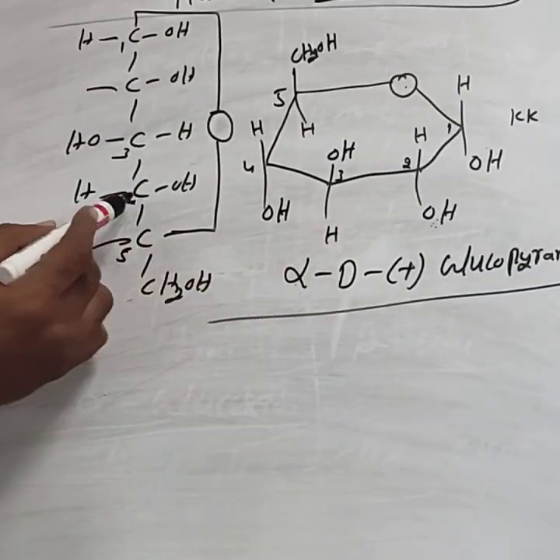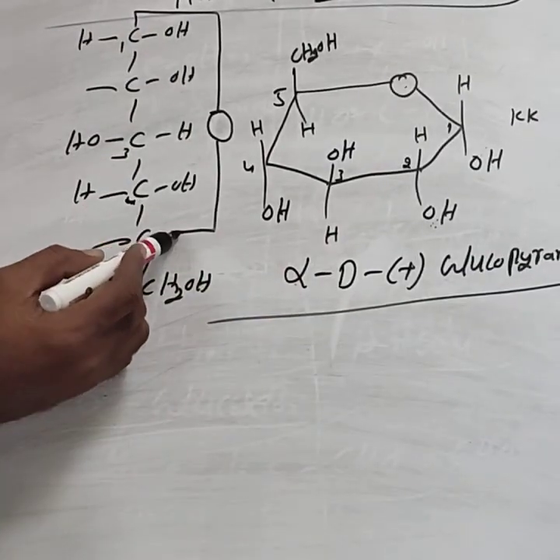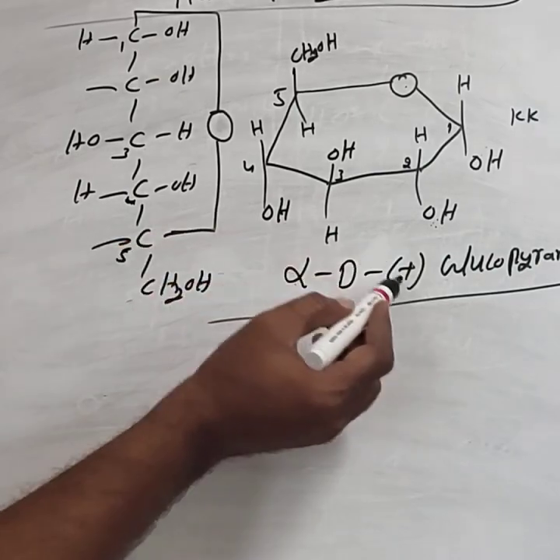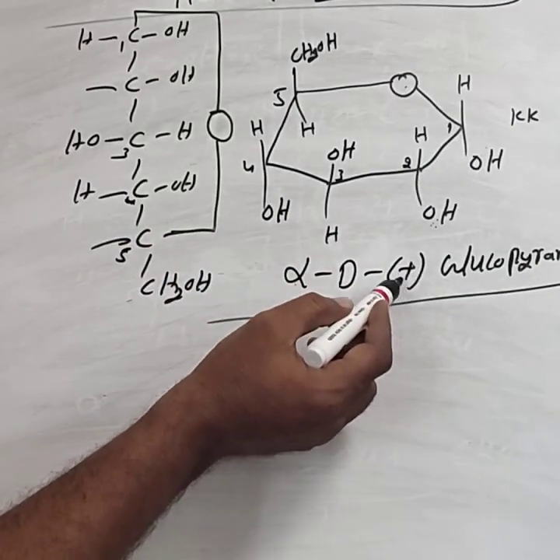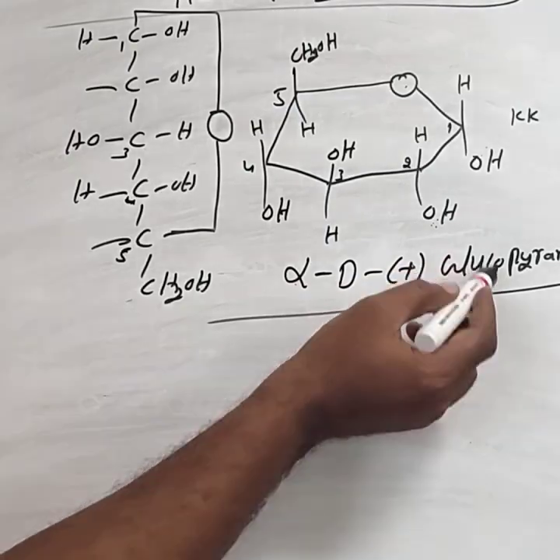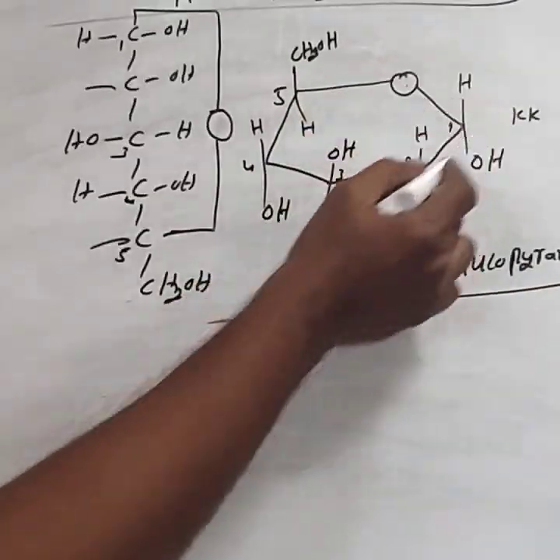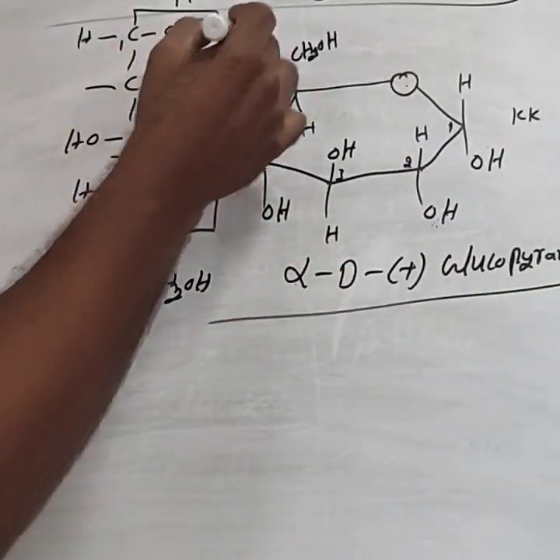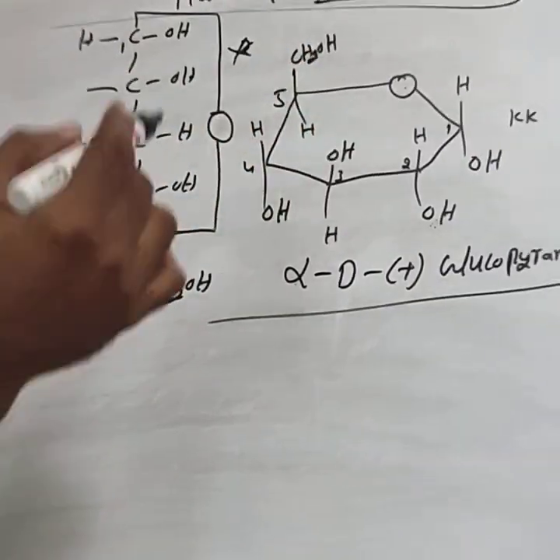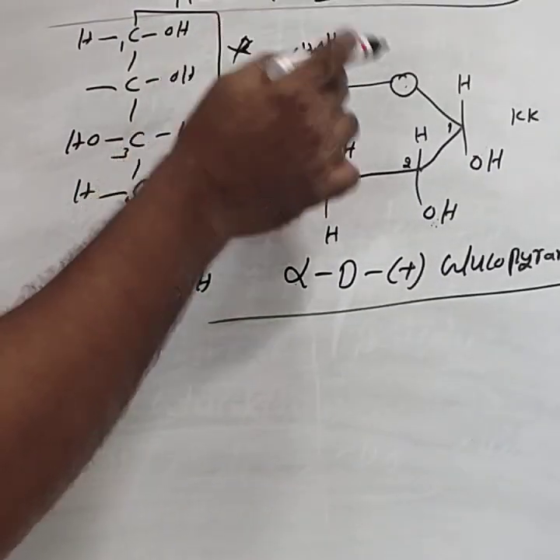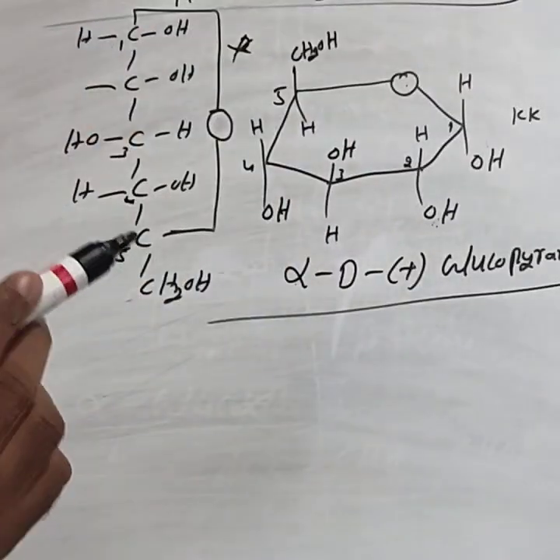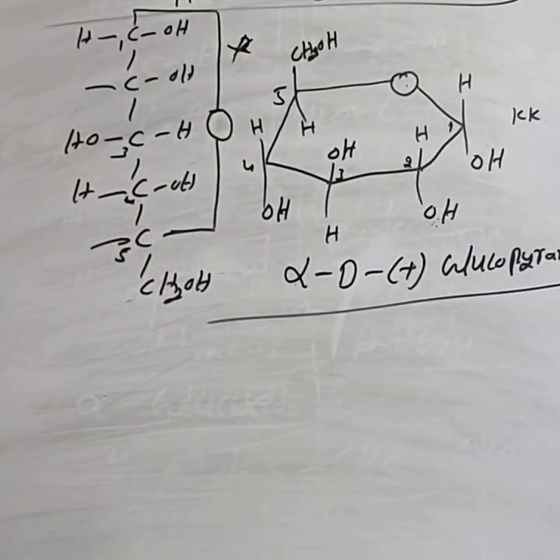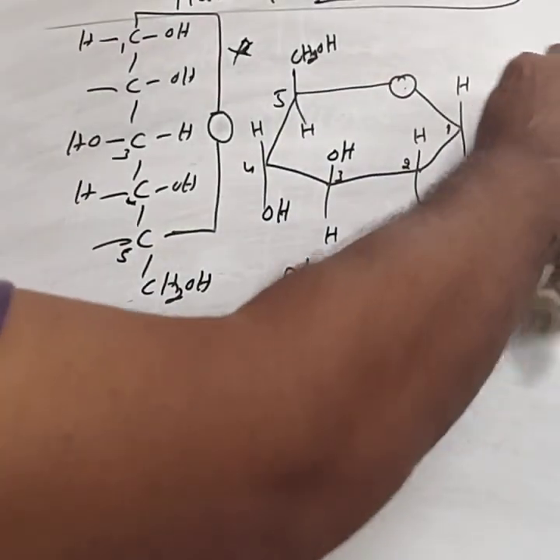D means that on the highest asymmetric carbon atom, the OH is on the right hand side. Plus means dextrorotatory. Then glucose, and pyranose means a six-membered ring containing oxygen. This is most important. You have to be thorough with this Haworth structure of glucose, then you can easily write the other Haworth structures of the biomolecules.